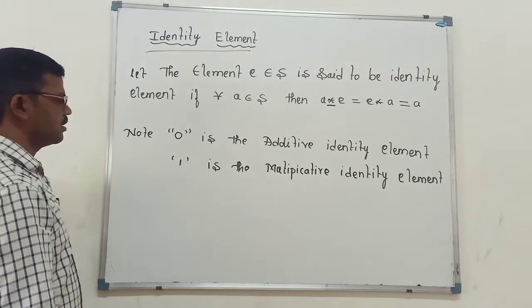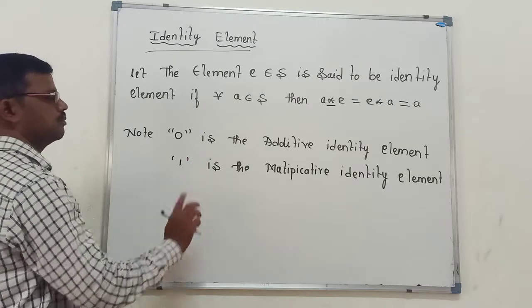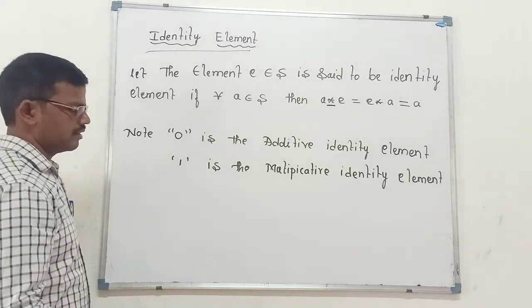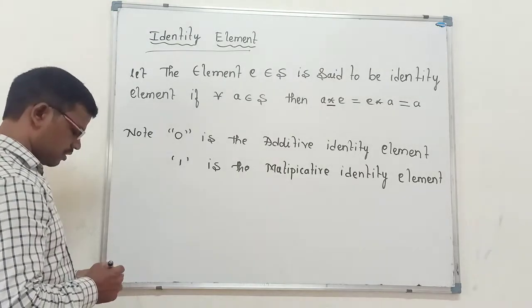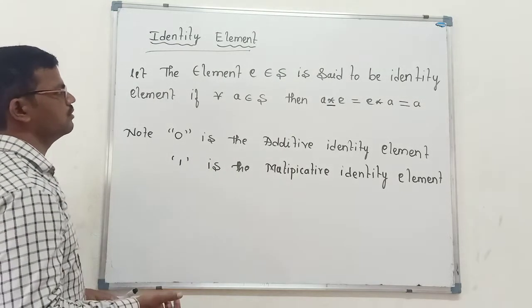So here we confirm that 0 is the additive identity element and 1 is the multiplicative identity element. These are unique. So next we go to the examples regarding the inverse.